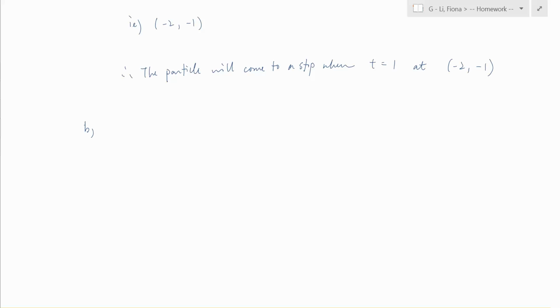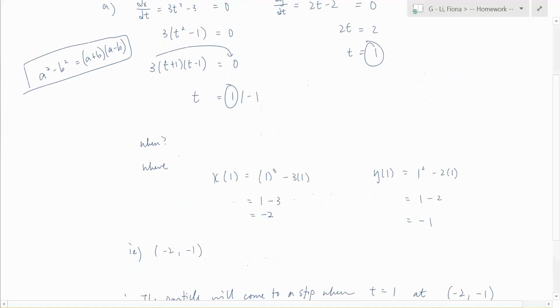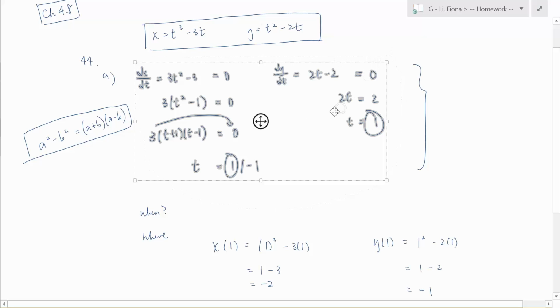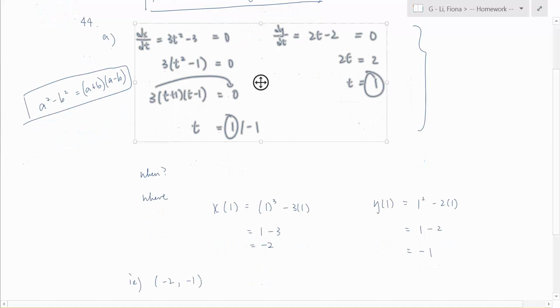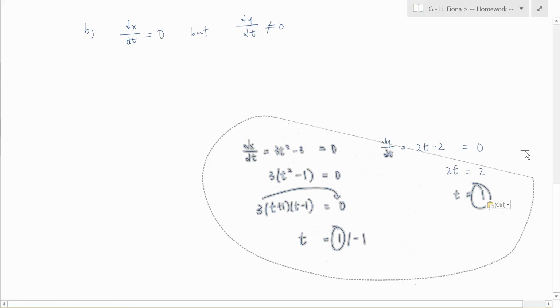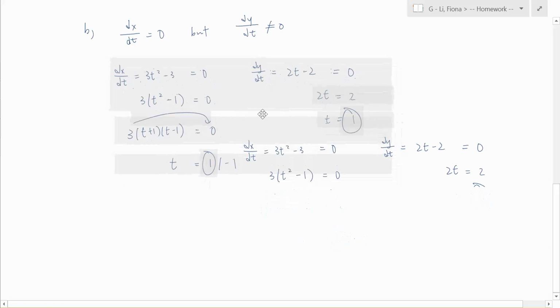And so in order for a particle to move just straight up or down, we have to have dx/dt equal to 0, but dy/dt not equal to 0. So we don't have to differentiate it again because we already have what we have right here. So let's copy and paste what we achieved right here, just to save a little bit of time.